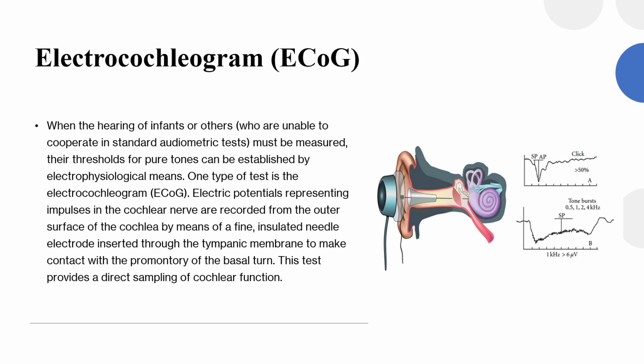electrical potential responses representing impulses in the cochlear nerve are recorded from the outer surface of the cochlea by means of a fine insulated needle electrode inserted through the tympanic membrane to make contact with the promontory of the basal turn.